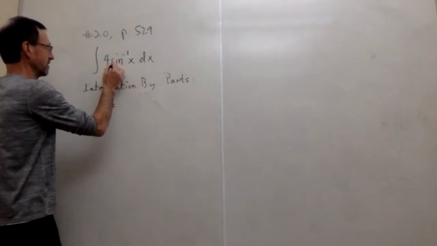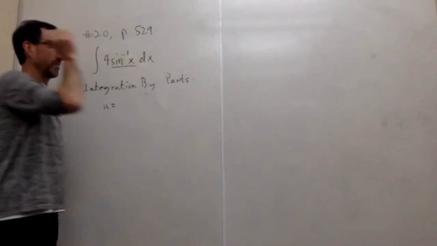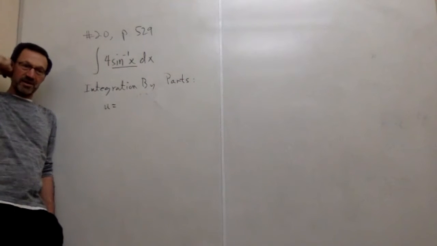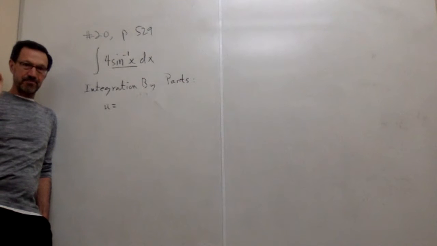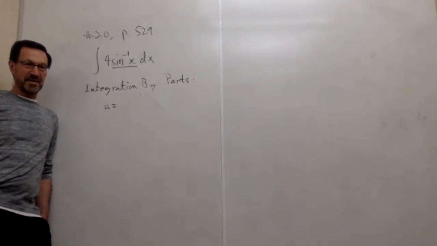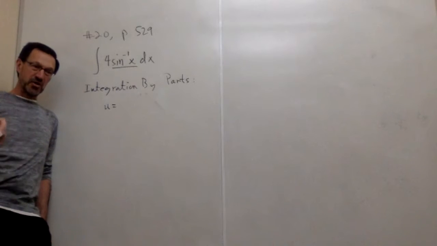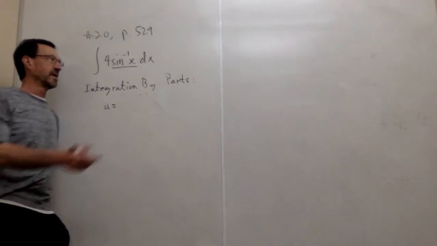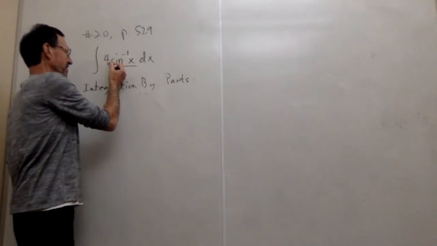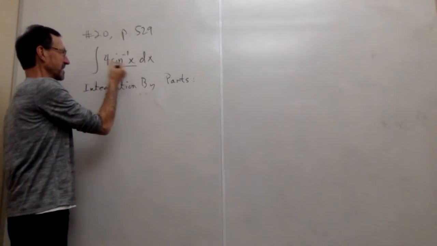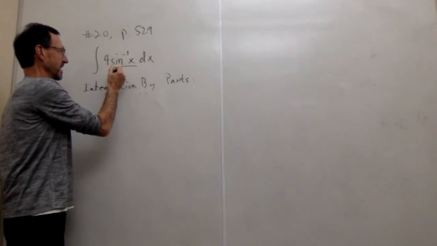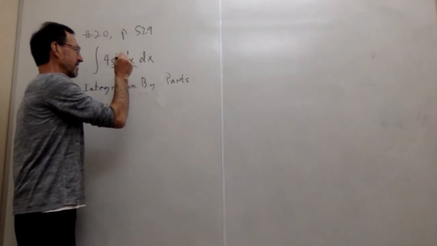This is one of those unusual ones. We talked about two or three of them where normally for integration by parts, our function is a product of two functions, and we pick one of them to be the u and the rest of it to be the dv. Well, the only product here is the 4, and we already know how to take care of it. This is the antiderivative of one function.